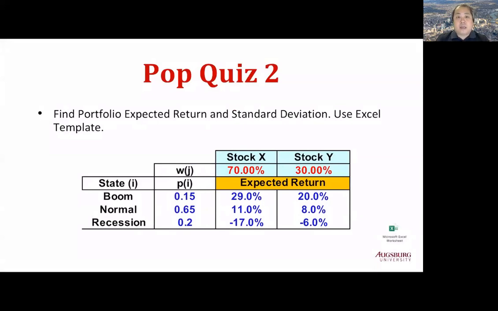Pop quiz 2, find portfolio expected return and standard deviation. Use Excel template. Click Excel icon.